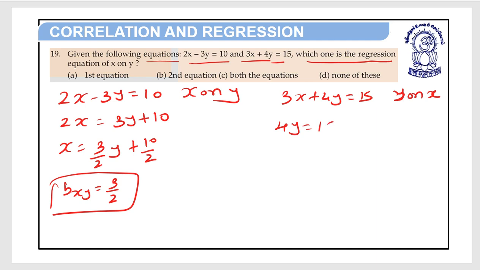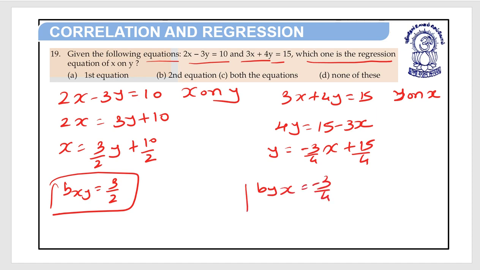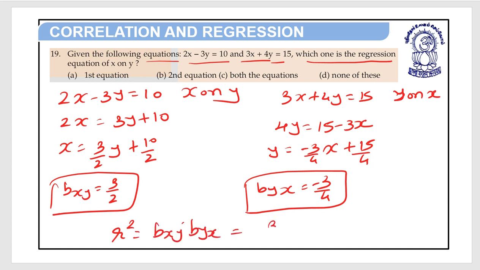So 4y is equal to 15 minus 3x. y is equal to minus 3 by 4x plus 15 by 4. So byx is equal to minus 3 by 4. r square is equal to bxy into byx, 3 by 2 into minus 3 by 4. 3 3s are 9, 4 2s are 8. Minus 9 by 8, r square.